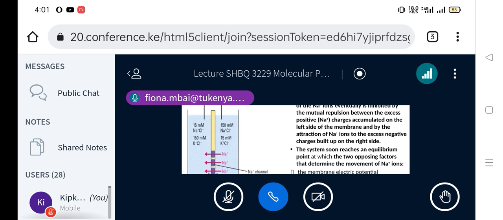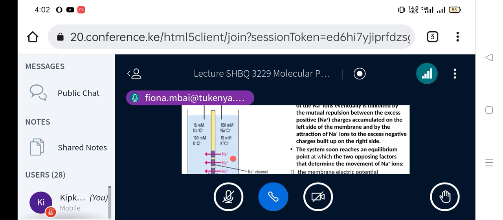So I don't need to go through exactly how that looks. So as more and more sodium ions move through these channels across the membrane, the magnitude of this charge difference, which is the voltage, increases.